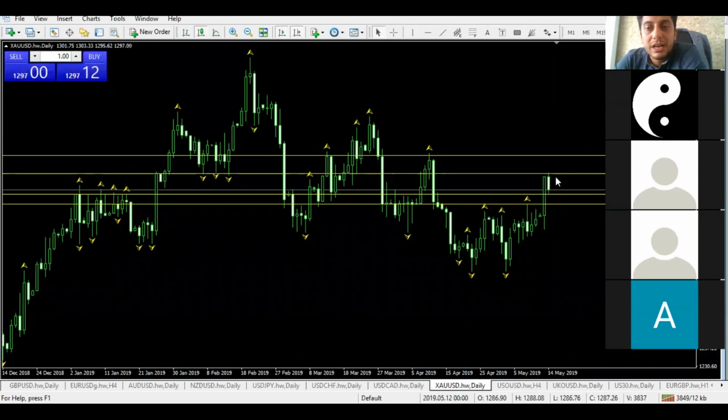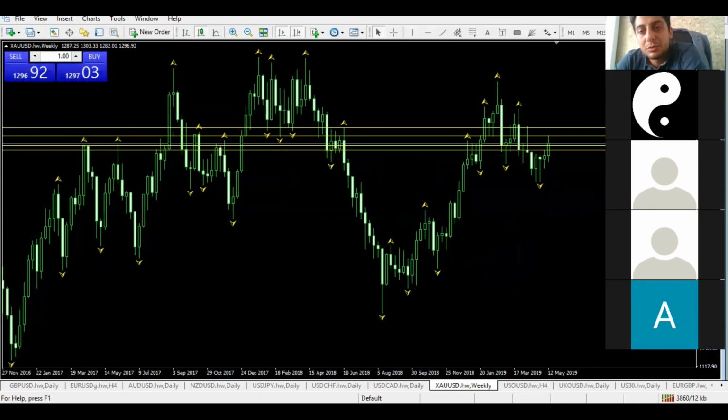But if there was no pivot on the way, I would say my long-term trend is upwards. To make it easier, the higher you put your time frame, the more long-term the trend. So if you're getting a signal from a weekly time frame, your whole week is going to be upwards.